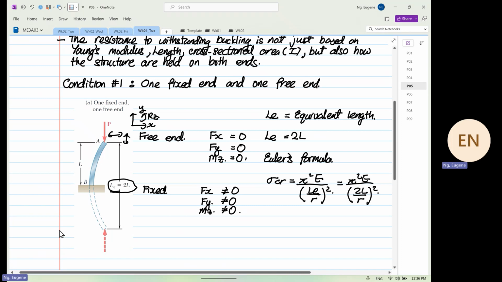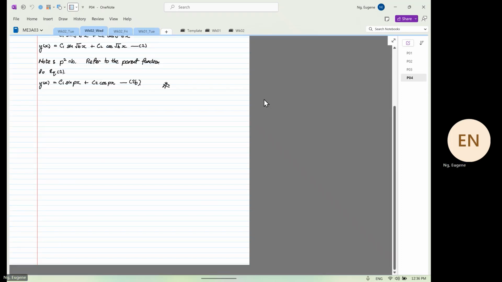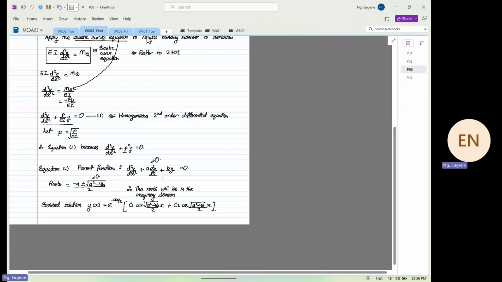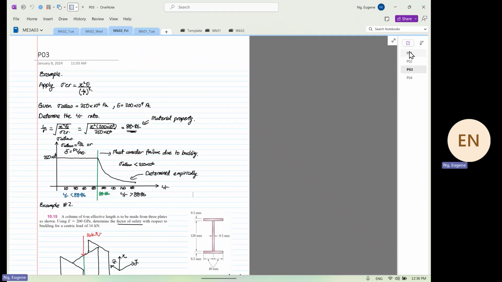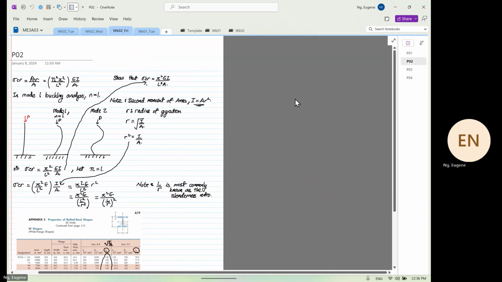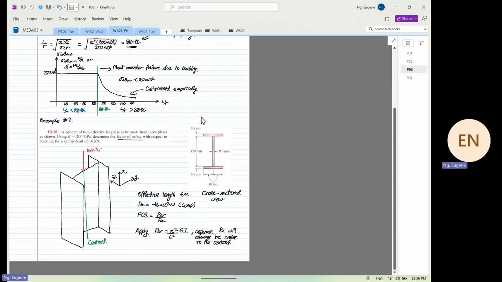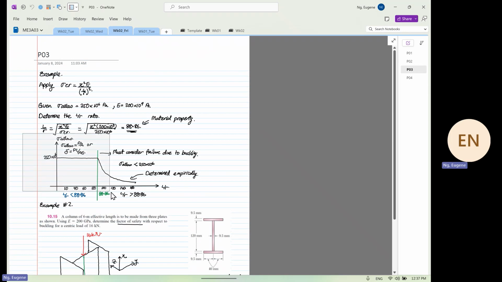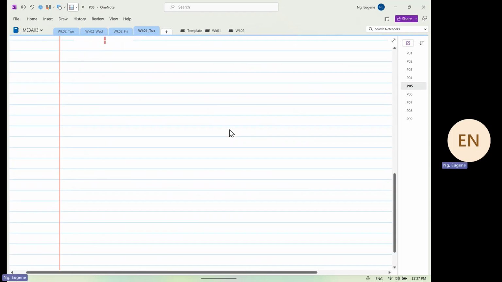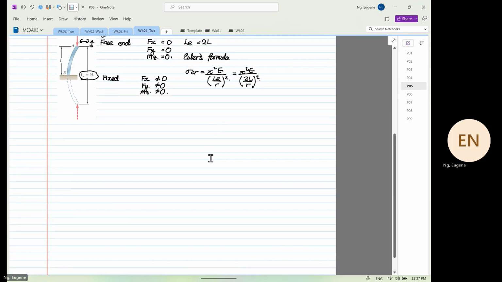A while back, I think last week, we plotted this relationship. If I could find it, bear with me. Oh, okay. We plotted this relationship. This is from Friday, and I'm going to use this chart.